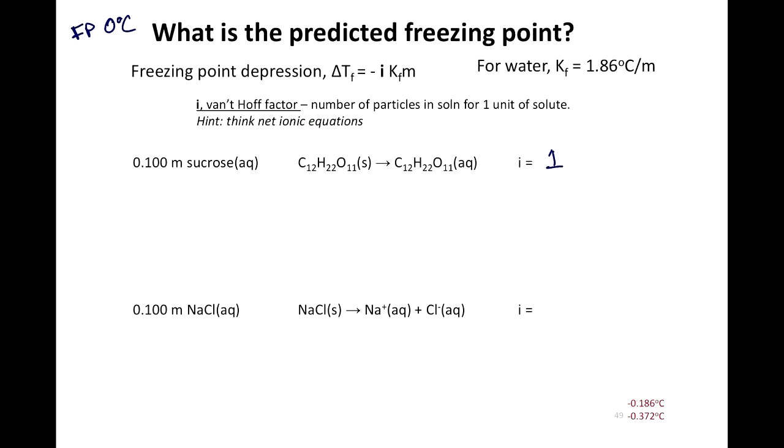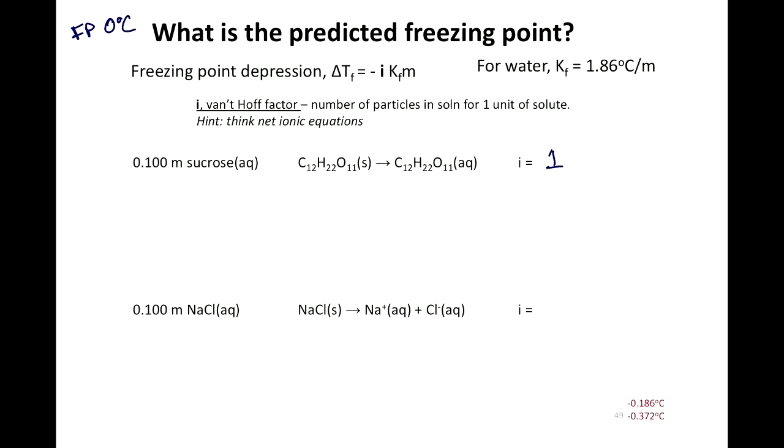Versus salt. All right, when we dissolve salt, NaCl, in water, what kind of electrolyte is that? Strong, right, strong because there are ions present. So if we break this dissolution process down and understand what ions actually exist in water, when we dissolve salt, if I put 1 unit of NaCl in water, how many particles do I get out?